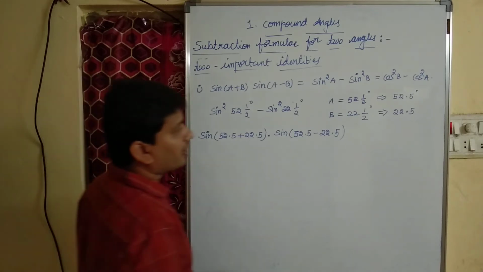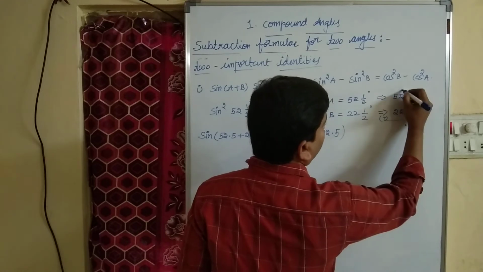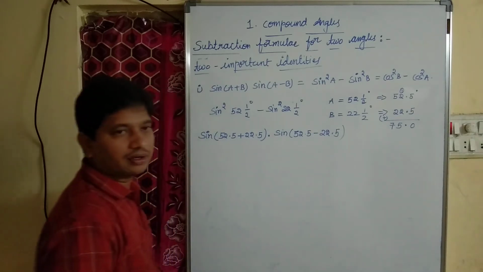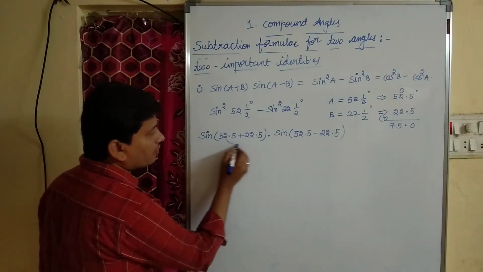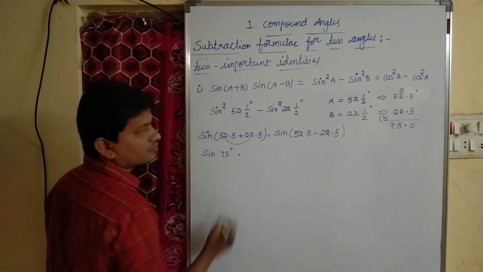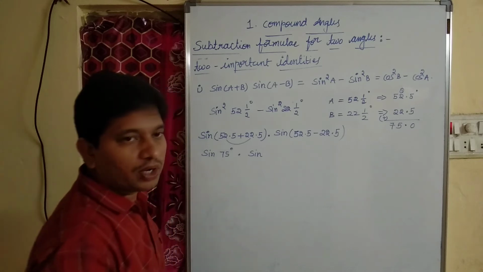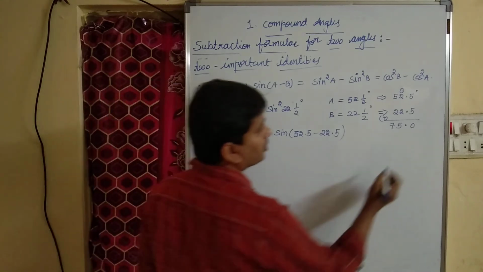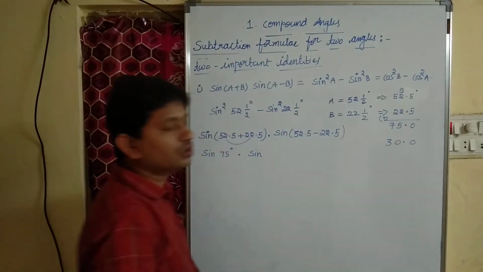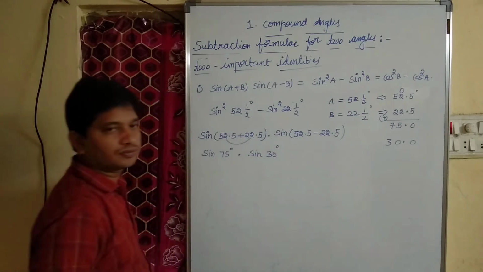So 52.5 plus 22.5: 5 plus 2 is 7, so you will get sin 75 into sin (52.5 minus 22.5), 5 minus 2 is 3. That is equal to sin 30 degrees.